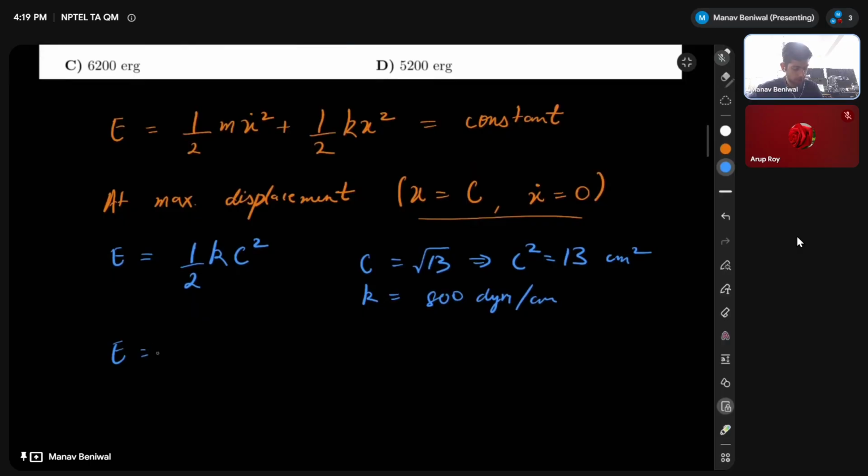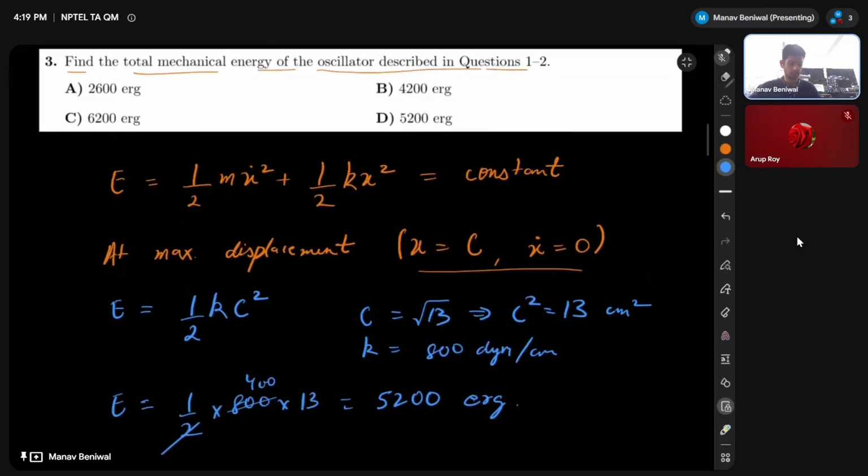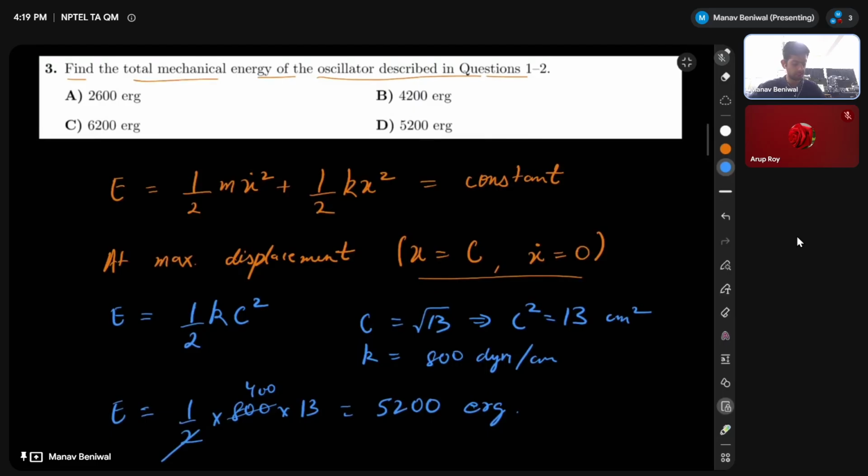What do we get? We get E as half into 800 into 30, which is nothing but, this cancels out, this becomes 400. This becomes 5200 erg. So this is what we get as our answer, which is option D.